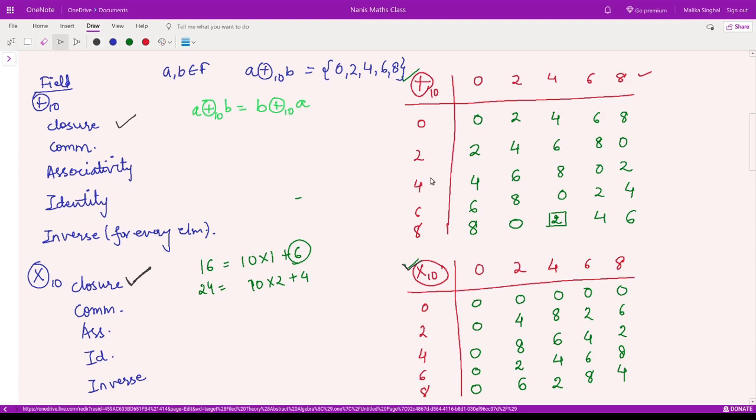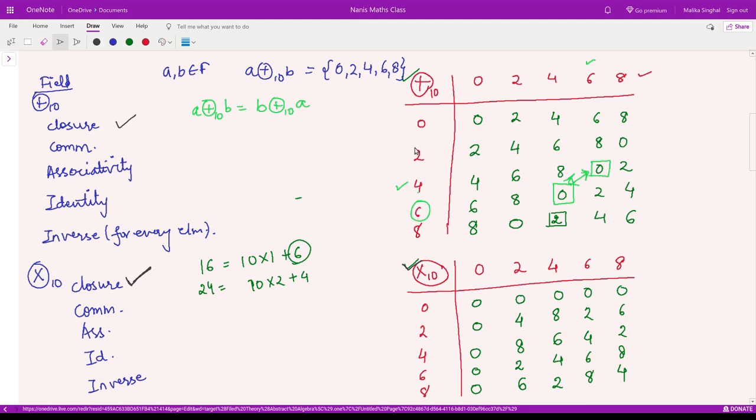For example, we pick a random pair, 4 and 6. What is the outcome? The outcome is 0. So whether you do 4 addition modulo 10 6 or 6 addition modulo 10 4, it is again 0. So these two are the same.